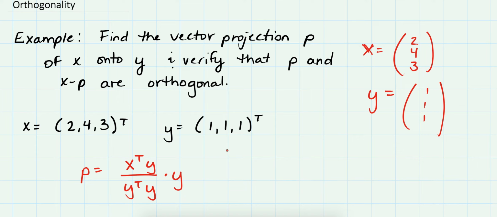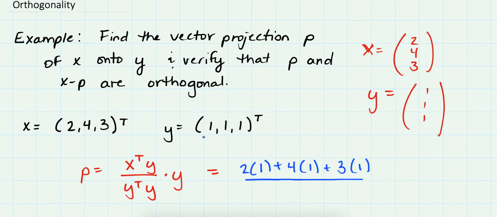Okay, let's figure out what this is. So x transpose y means I take the dot product of these two. So 2 times 1 plus 4 times 1 plus 3 times 1, divided by, now take the dot product of y with itself.